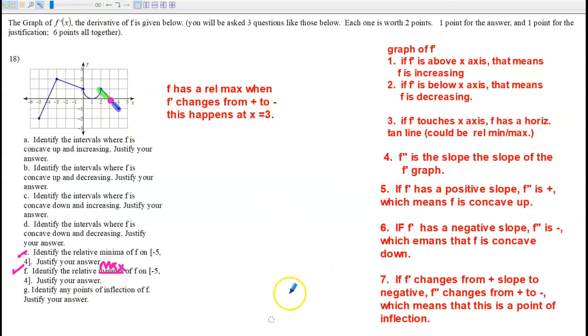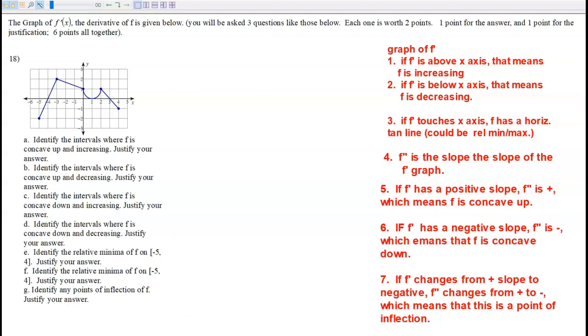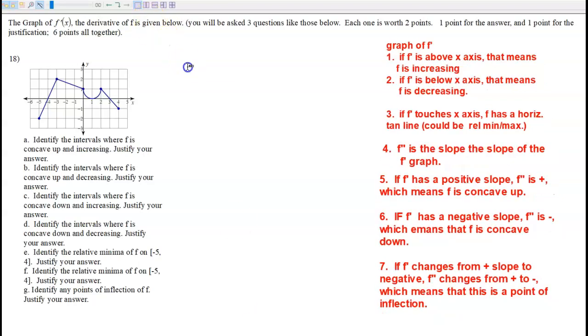All right, final thing we'll look at is identifying any points of inflection that may exist. A point of inflection happens when f changes concavity. f changes concavity whenever f double prime changes signs.